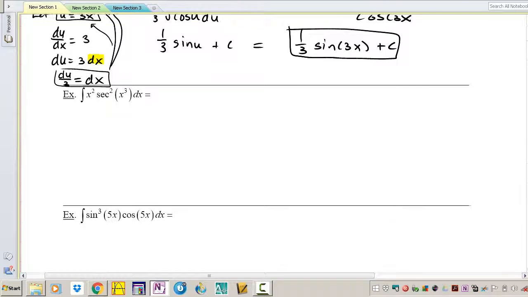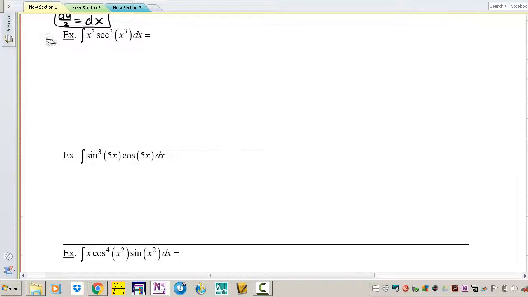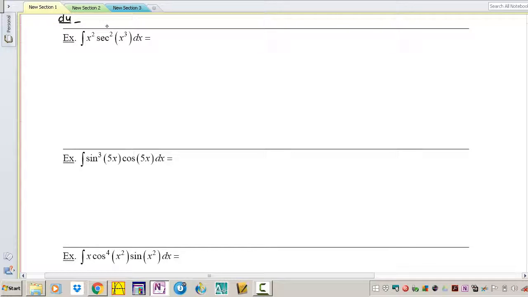Here's the next part. Example number, I think this might be 5 or 6. Fifth example here. Let me erase this. So now we have secant squared of x cubed. And notice here's an x squared, here's an x cubed. So this tells you to choose u to be x cubed, so that du is equal to 3x squared dx.